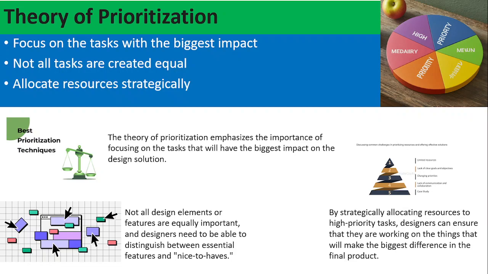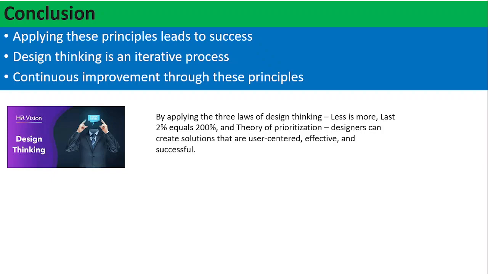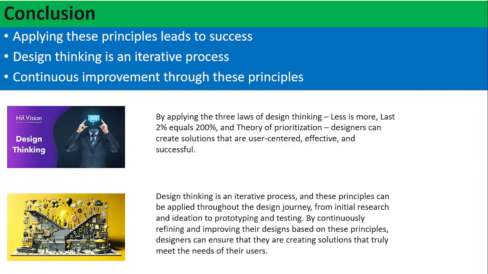These are all the things they should keep in mind in the design thinking process. Applying these principles leads to success. By applying the three laws of design thinking, which are less is more, last 2% equals 200%, and the theory of prioritization, designers can create solutions that are user centered, effective, and successful.